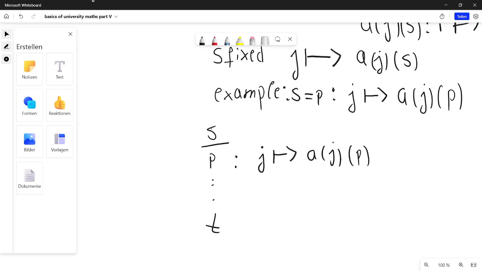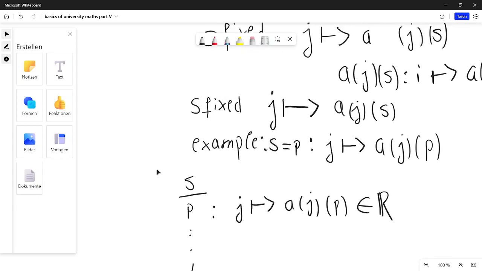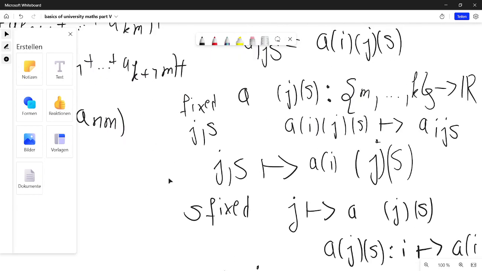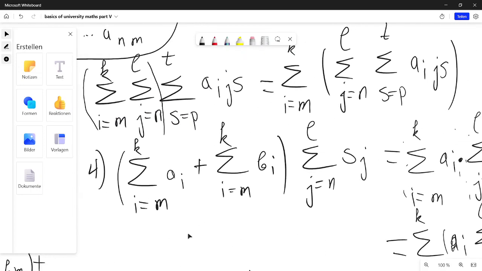So we need information about the fixed thing, and we need information about the thing to which we currently assign. So about our function itself. So J goes to A of J S. And here, for each J where the range of J was, right, P plus 1, here we have A of J of P plus 1, and J is assigned with A of J of P plus 1. And that could be just any real number, right? So this construction is actually very general. Now recall that we imagine there's no i.